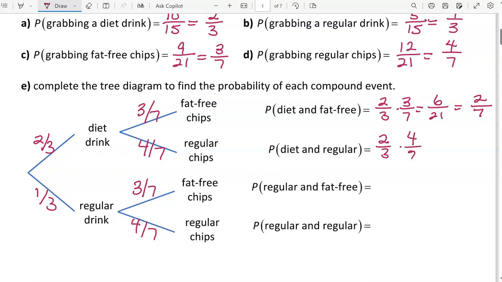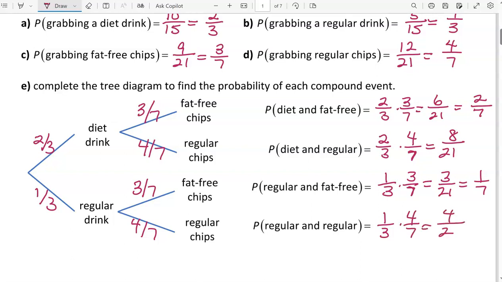I can just use the two probabilities on the tree diagram, and that gives us a probability of those two happening together of 8/21. Probability of grabbing a regular drink and fat-free chips is 1/3 times 3/7. That will give us 3/21, which reduces to 1/7. And the probability of grabbing both a regular drink and regular chips is 1/3 times 4/7, or 4/21.